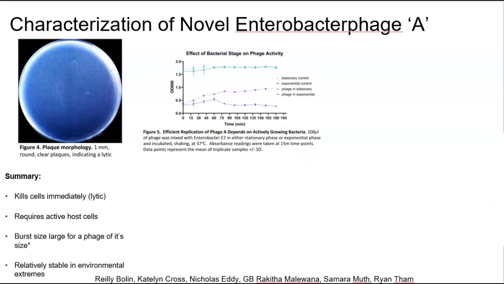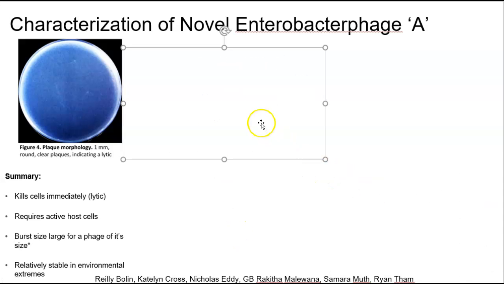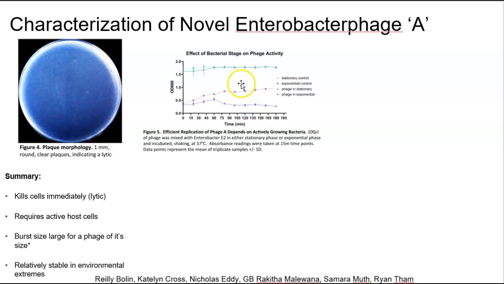Let's see. Yep. So if we look at this figure here, on the x-axis we've got time, and on the y-axis we've got absorbance, or the optical density. So you take the test tube, you shine a laser through it.